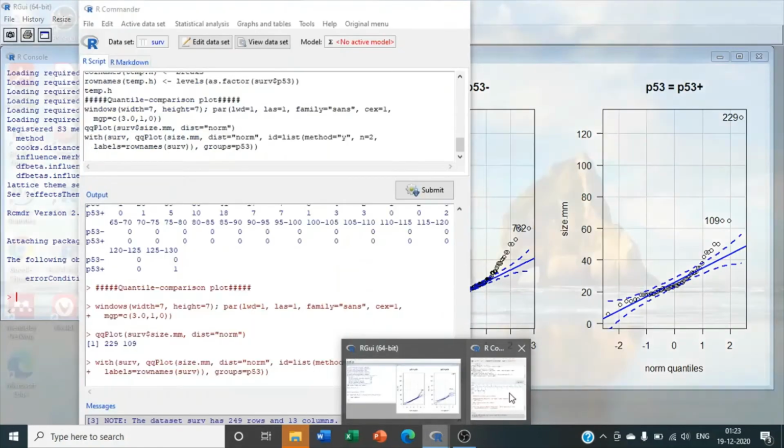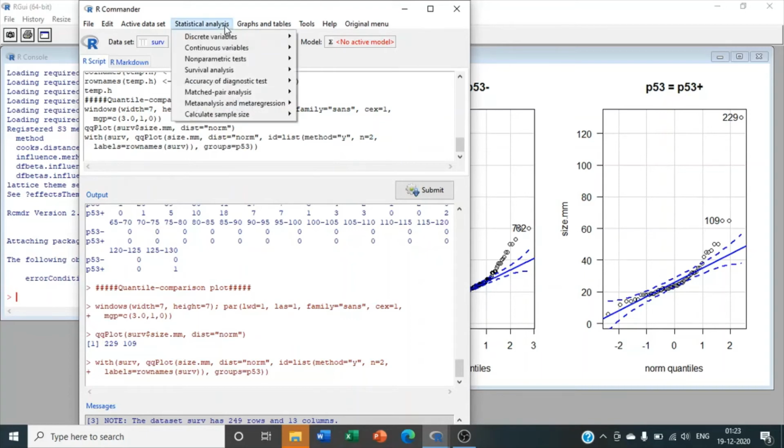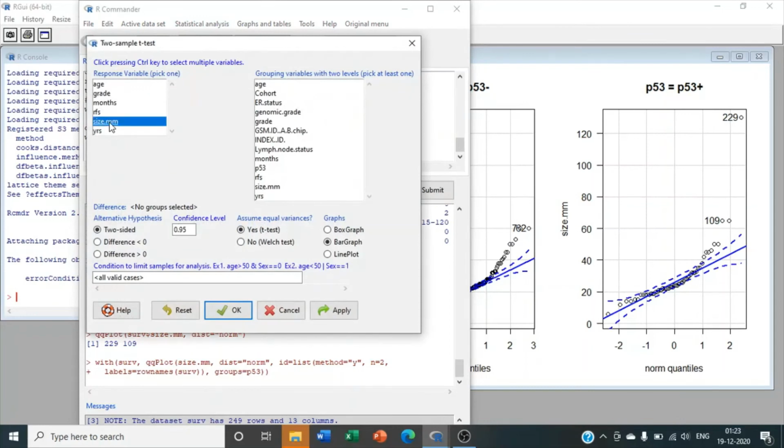Now, how do we test for differences? If the assumption of normality held, we could have gone over here. These are unpaired data. We could have gone for continuous variables and done a two sample t-test. Size for the response variable, the grouping variable was P53.